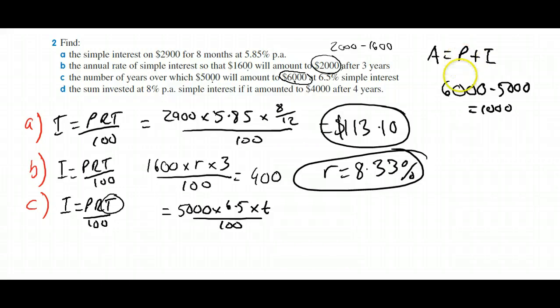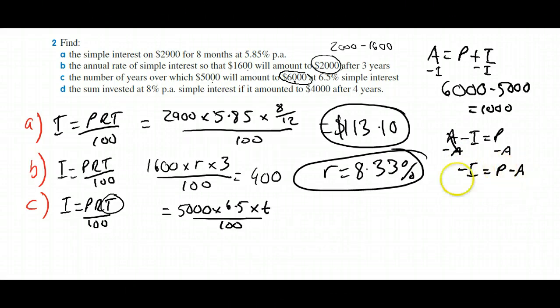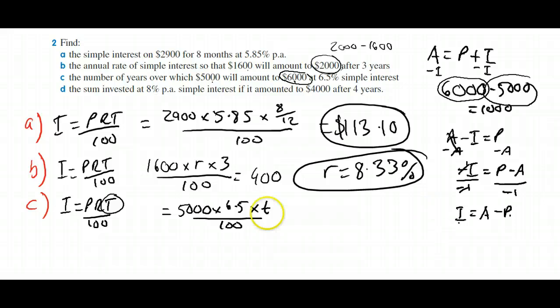If this is the principal here, and we're trying to find A, if we rearrange this equation to get I on its own, minus I, we've got A minus I equals P, minus A, we get minus I equals P minus A, and then divide, we want to get just I on its own, we don't want the minus, so divide by -1, and that cancels out the -1 there, and then do the same over here, and we get, this makes a positive A, so we get A, and this makes P negative, so we get A minus P equals I. Okay, that's why we did 6,000, the total amount was A, minus the principal, which was 5,000, and we got I, the amount of interest.